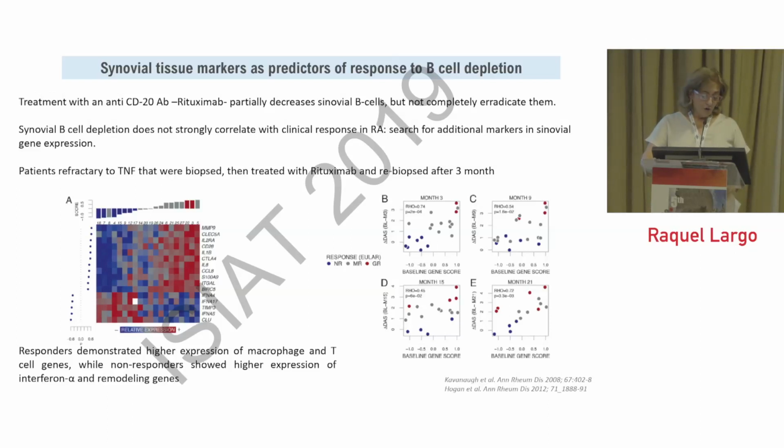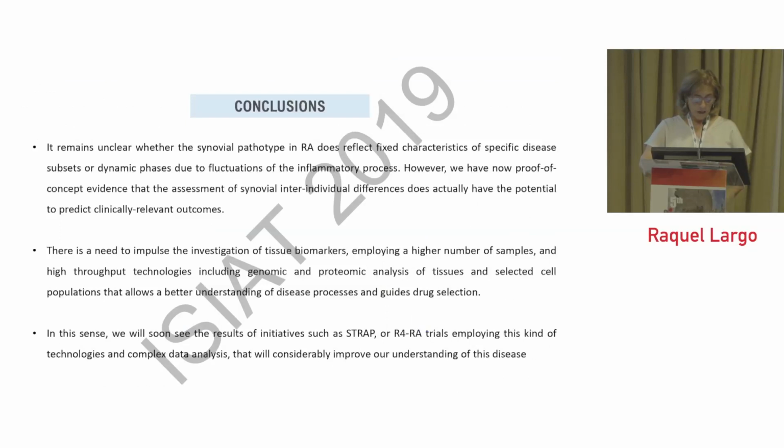They chose those genes that had a higher change in expression between baseline and month 3, and they correlated the change in the expression of these genes with the clinical data of these patients and observed that this correlation was more potent with the advance of the disease with the expression of these special genes.